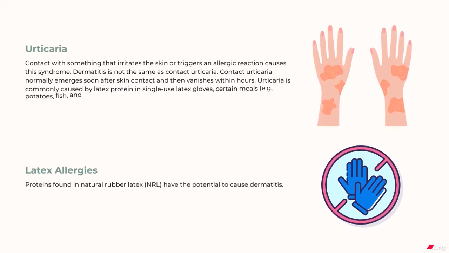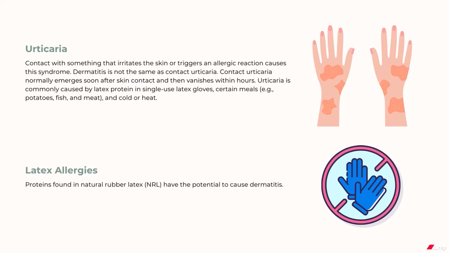Urticaria. Contact with something that irritates the skin or triggers an allergic reaction causes this syndrome. Dermatitis is not the same as contact urticaria. Contact urticaria normally emerges soon after skin contact and then vanishes within hours.